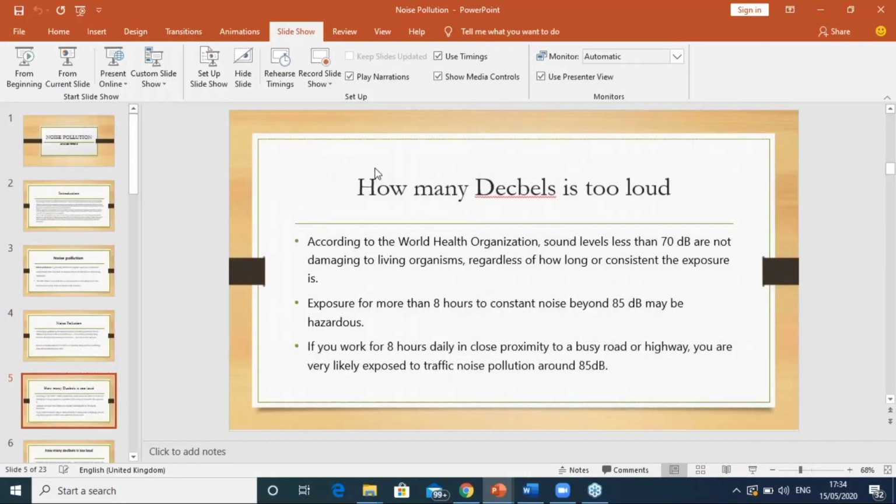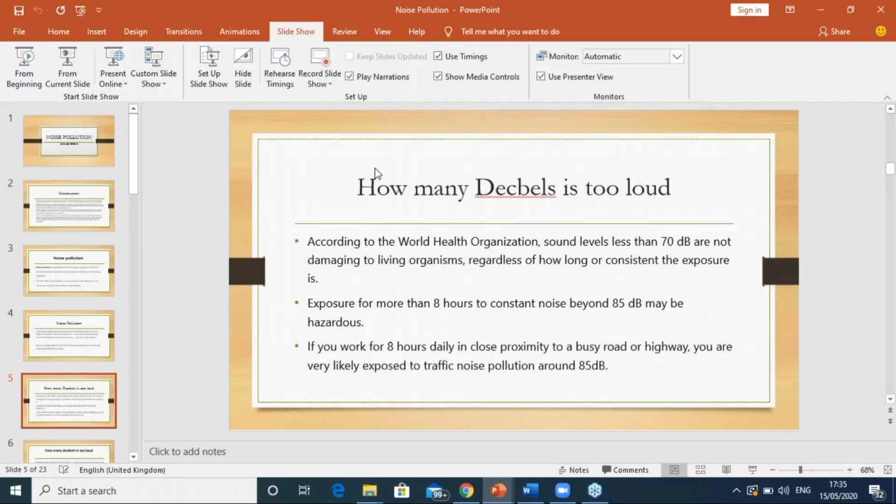So how many decibels is too loud for noise? According to the World Health Organization, sound levels less than 70 decibels are not damaging to living organisms, as long as you also adopt precautionary measures in such an environment. But once it exceeds 70, it becomes a very big problem.